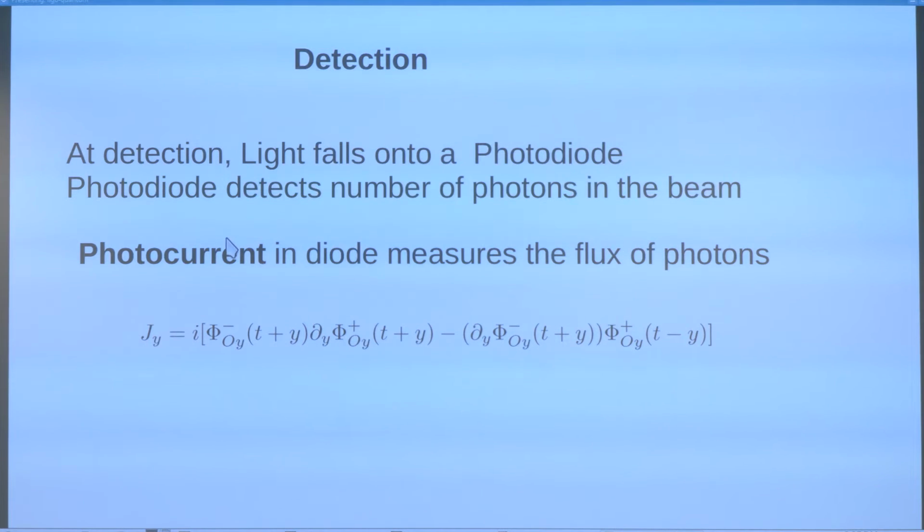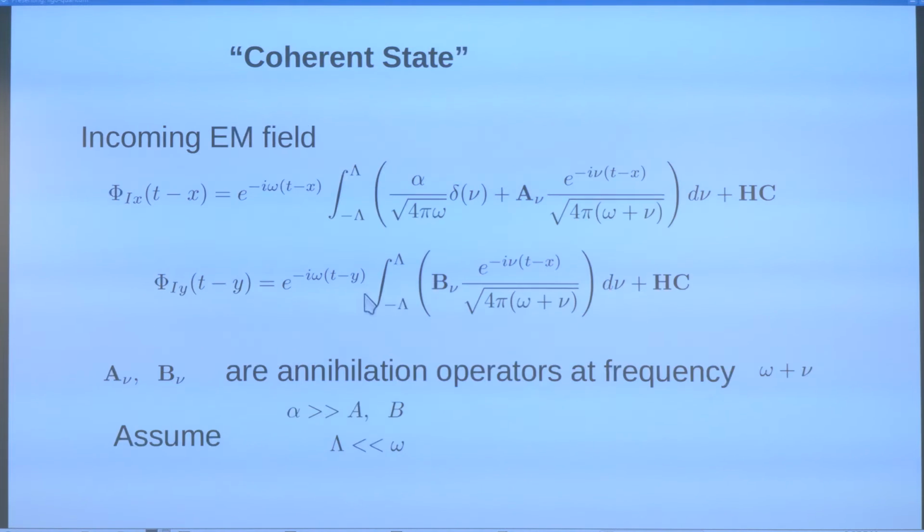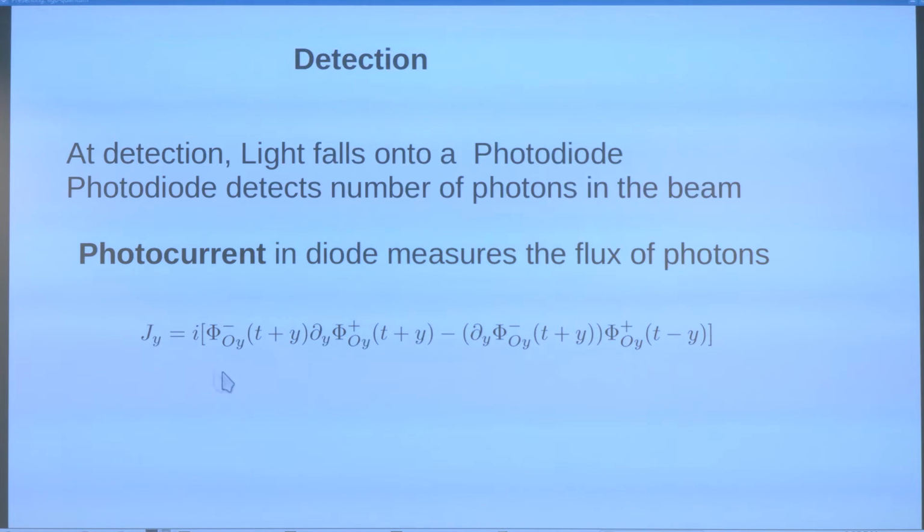The photodiode current is proportional to basically the flux of photons, which is the negative frequency part, which has the creation operators in it, and the positive frequency part with derivatives of the y direction, since it's coming out in the y direction, in order to give the photon flux current.